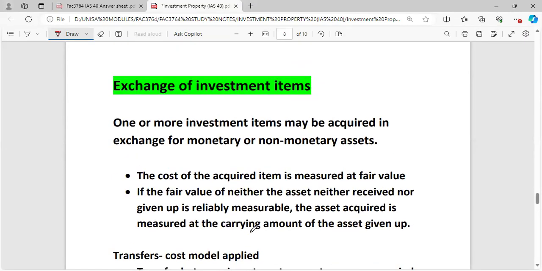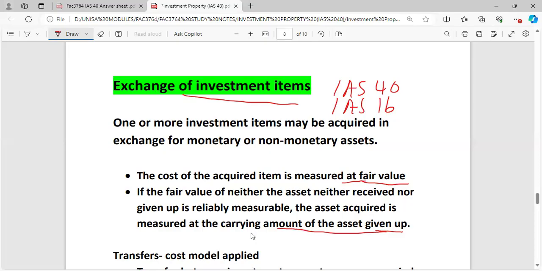Right. Any other question before we go to exchange of investment items or property? I think this one is the same as what we did before. There's no need for us to look at it. In exchange, IAS 40 is the same as under IAS 16. So that's how you treat an exchange, which means there must be a fair value. If there is no fair value, then you are going to exchange at the carrying amount of the given up asset. Remember what we did when we were doing PPE.